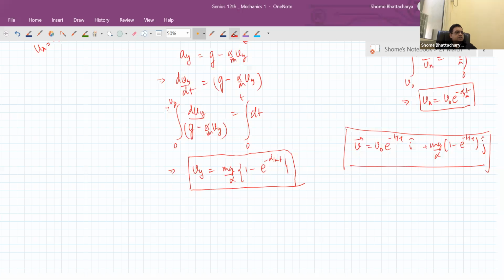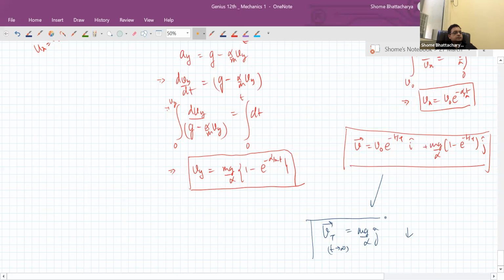So from this expression here, you can see that terminal velocity at t tending to a very large amount of time will become mg by alpha j cap downwards, that is. So that mg by alpha is equal to 2 v naught, because that is what was given to us.